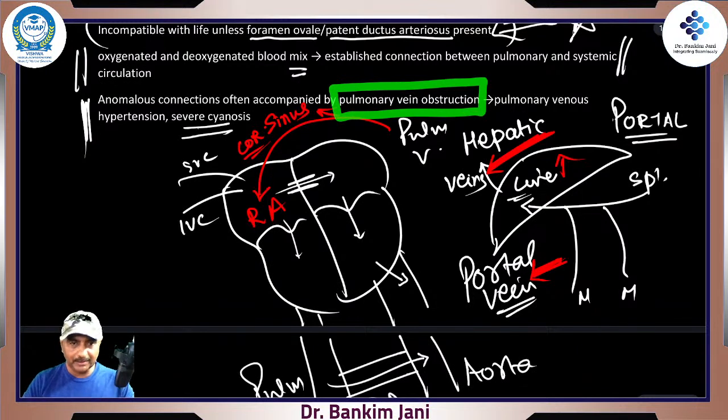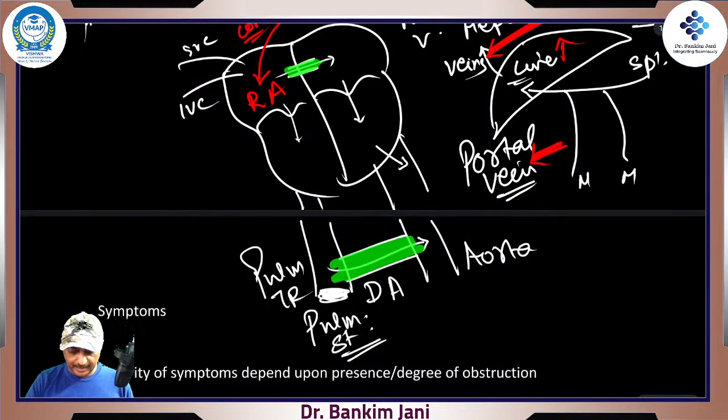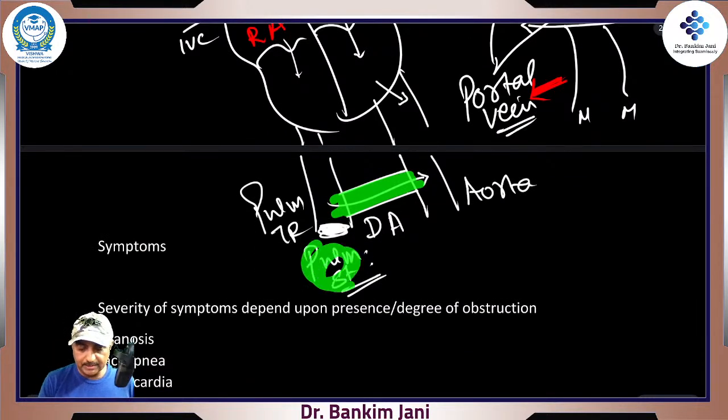Right, before birth it was not of much importance, but now, yeah, because they were already there, and in any case during the fetal life we were not interested in sending any blood to the lungs because as such lungs are not functioning. But now when the lungs are functioning, that pulmonary stenosis is leading to cyanosis, right?